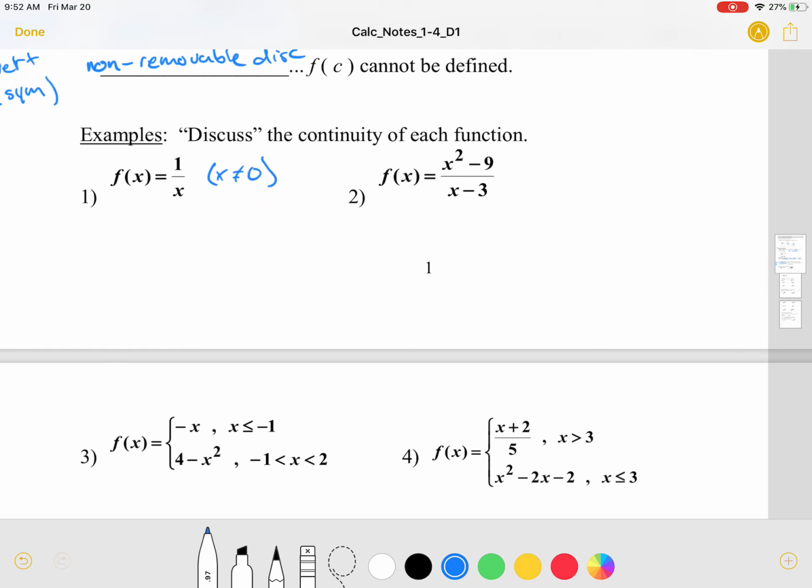So if our x can't equal 0, we know that this is not continuous at x equals 0. Okay, there's nothing we can do or cancel out to make this continuous, so it's going to be non-removable. And that's because we have that asymptote.